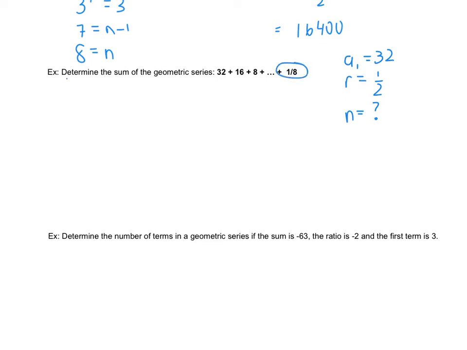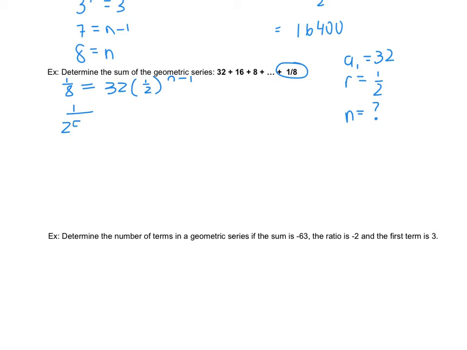So my last term is 1 over 8. And that's equal to my first term times the ratio of a half to the power of n minus 1. So our goal is to solve for n. So first thing, let's divide both sides by 32. And remember, dividing by 32 is the same thing as multiplying by the reciprocal, so 1 over 32.